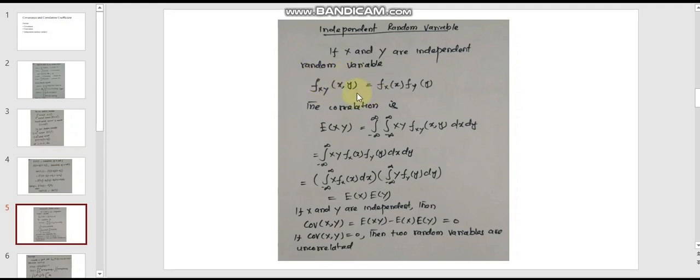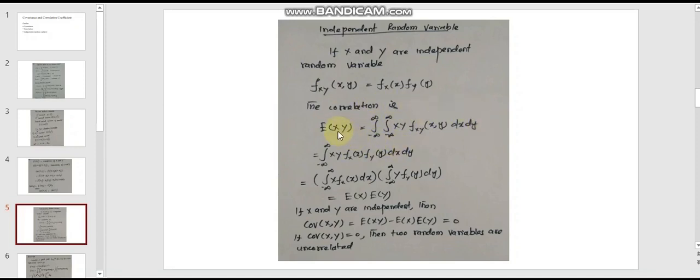The joint PDF must be equal to the product of the marginal PDF of x and the marginal PDF of y. So for this correlation, I can write the expected value of x y is equal to integrating the product of the marginals.